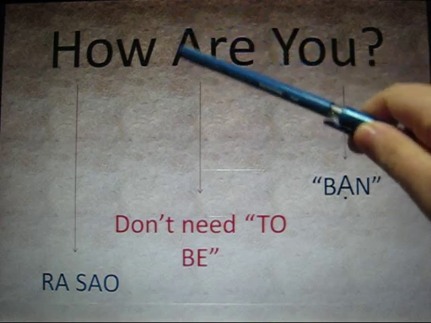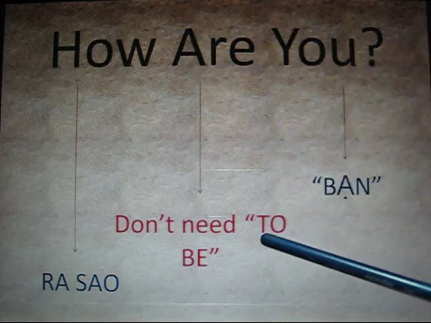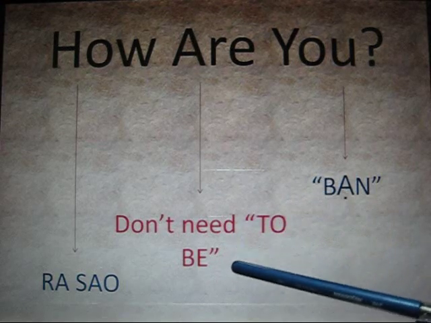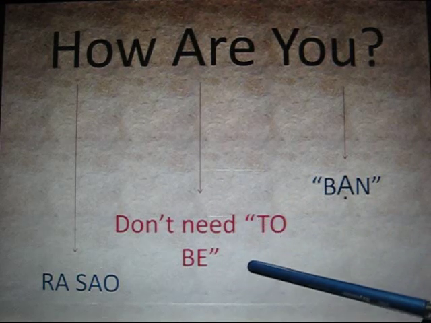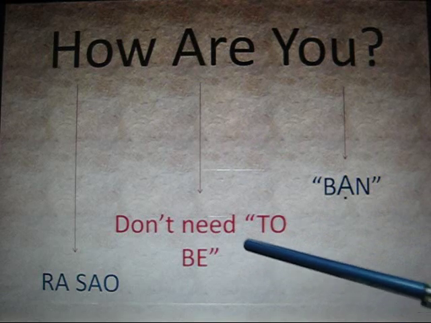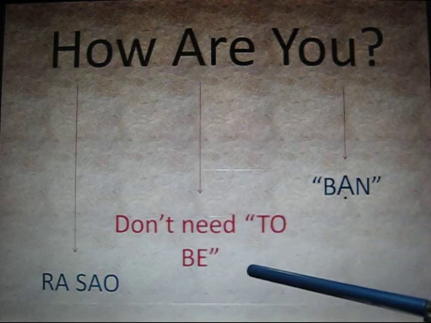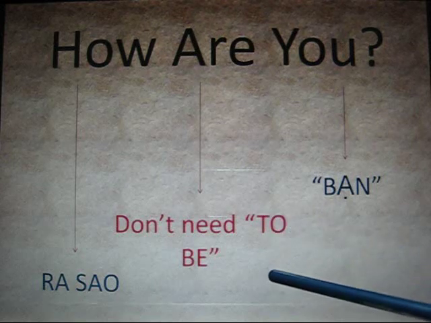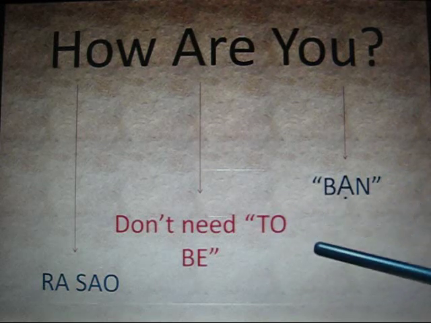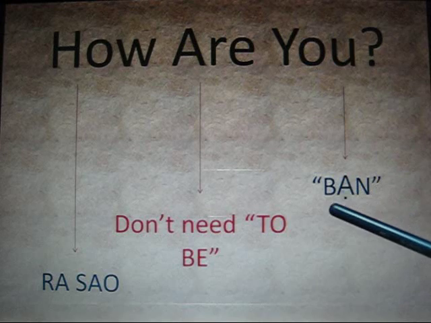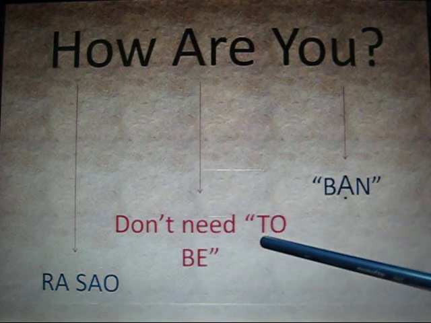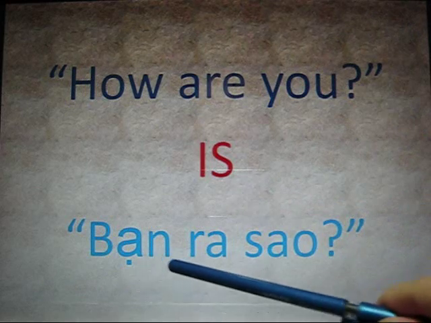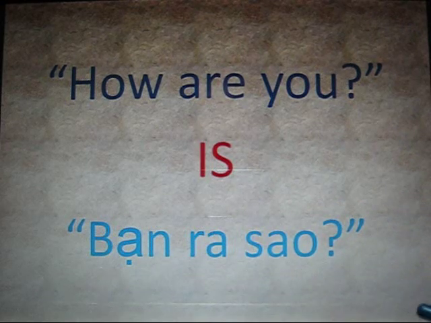And the word "are" in English is the special verb, the to be. But in Vietnamese we don't need to use to be in the sentence, and we will get to the grammar later. Right now I just want you to know that in Vietnamese we connect word by word.